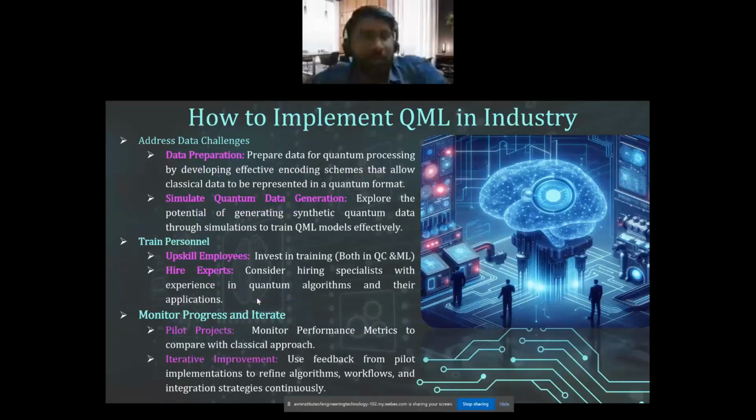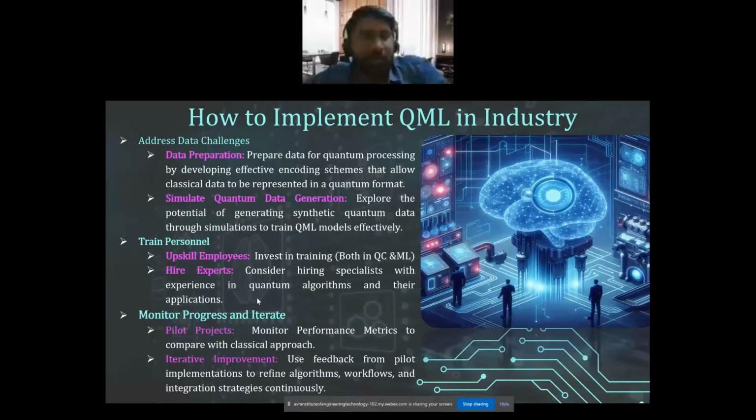And we have another three points. These are all the implementation part. We need to make sure that if I go for this, I can implement it in industry.